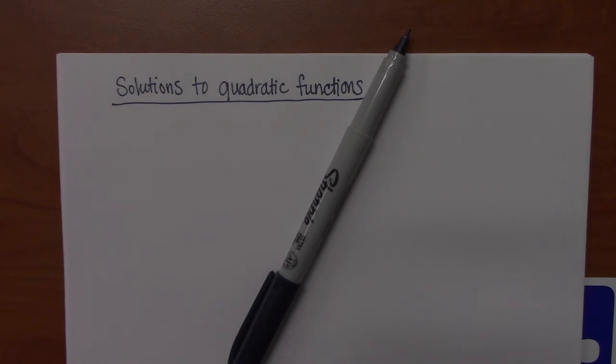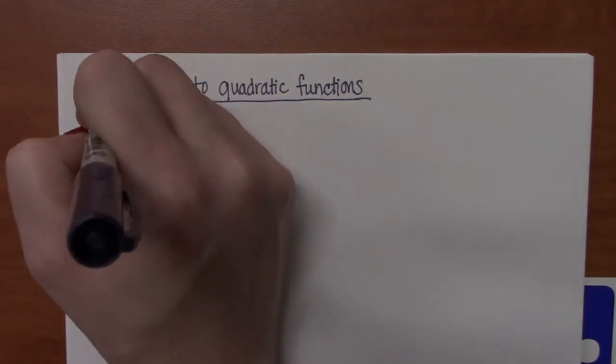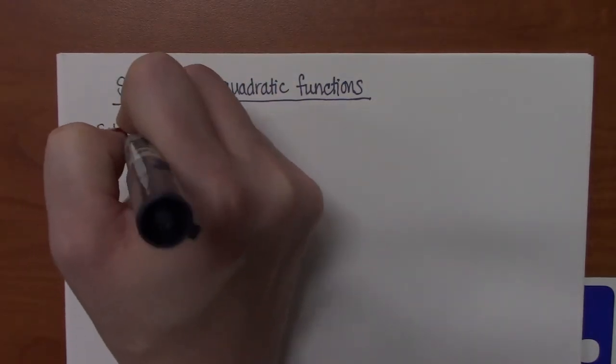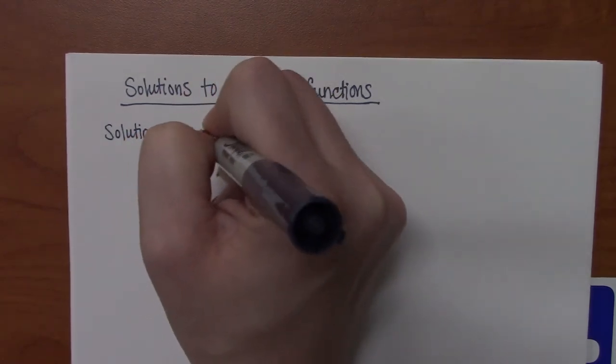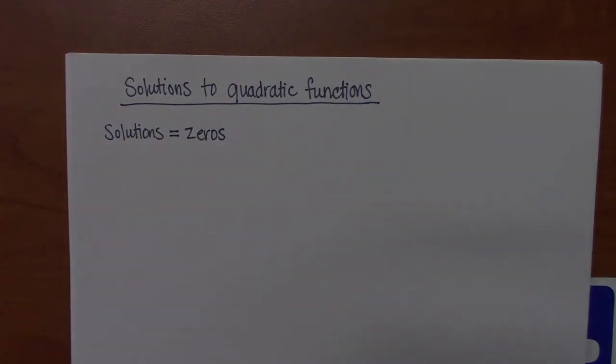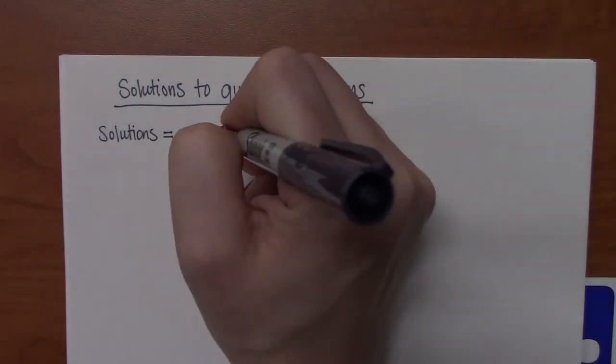just in general when you're given a function and they say find the solutions of, they're asking for the x-intercepts, right? You just set it equal to 0 and you solve. So the solutions is the same thing as asking you to find the zeros of a function. That's another way we could ask you to find it.